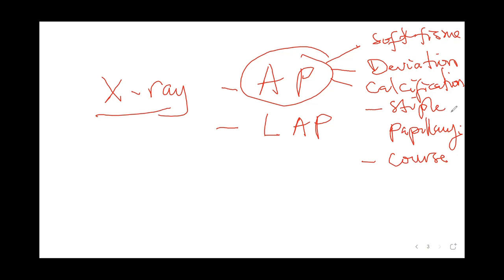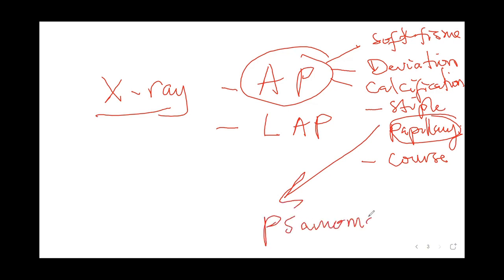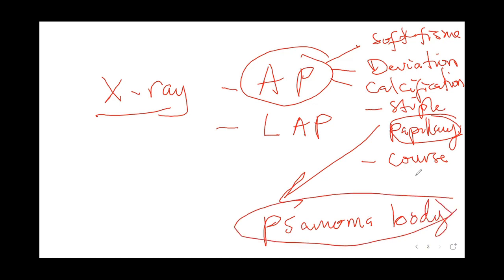You should know that the stipple calcification you see in papillary thyroid cancer is a representation of psammoma bodies. On X-ray, they appear as stipple calcifications, and these psammoma bodies are pathognomonic for papillary thyroid cancers.